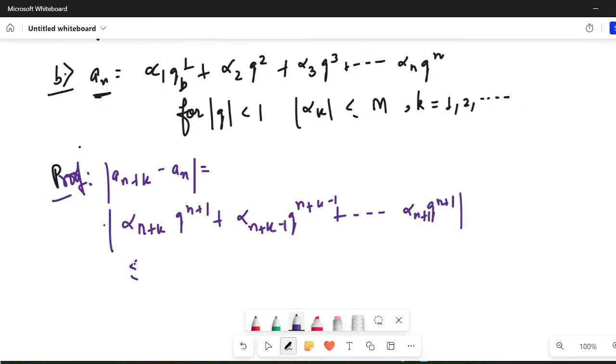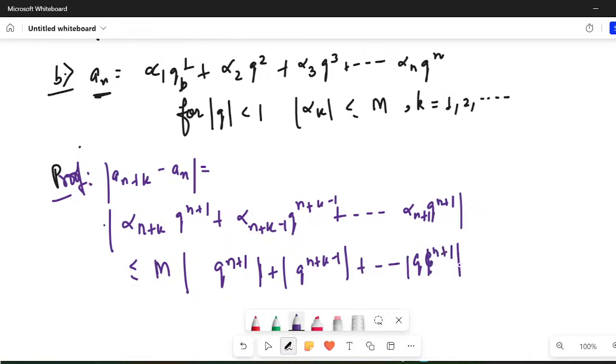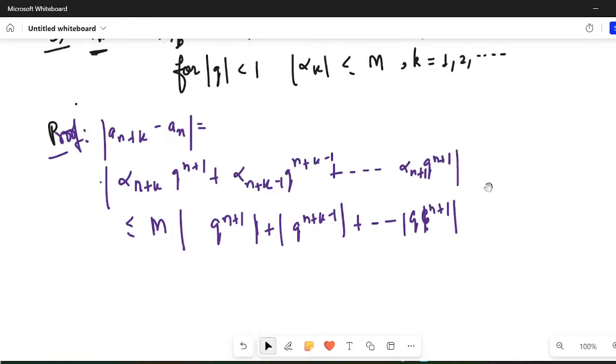And I know I can make it less than or equal to some m, because all of these alphas can be bounded by m. Then I can write mod q to the n plus k, mod q to the n plus k minus 1, and so on up to mod q to the n plus 1. Now whether I take a modulus and then take a power, or take a power and then take a modulus, this is one and the same thing.